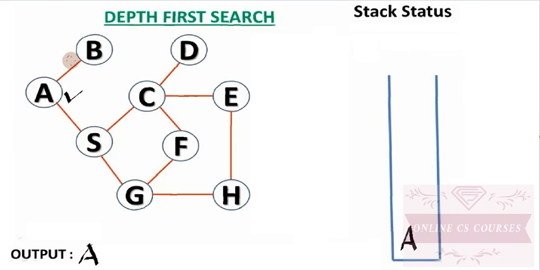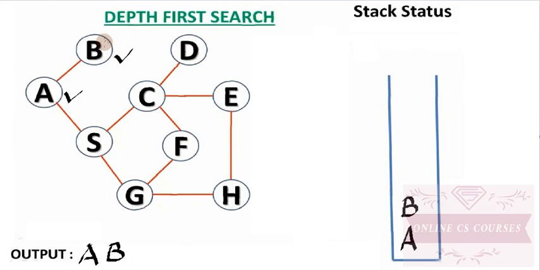From A there are two unvisited vertices, which are B and C. So alphabetically first is B. So we will put B on the top of the stack, and we will write it in the output sequence.